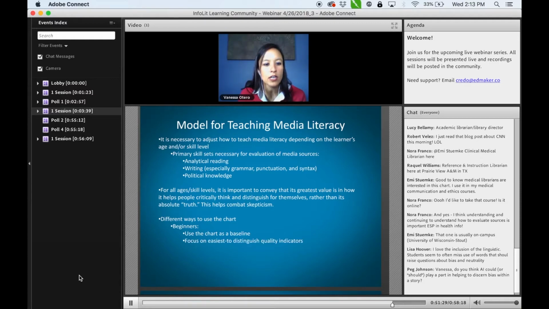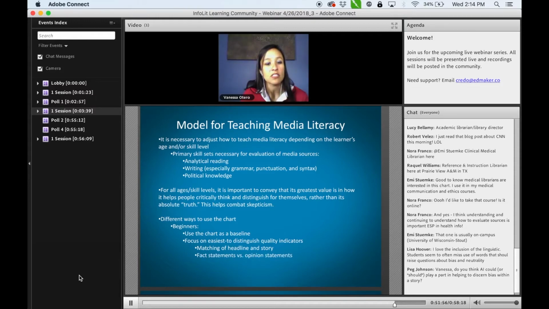So we'll use a chart as a baseline for those learners, and focus on the easiest to distinguish quality indicators. It's really hard to tell subtle bias in those top quality sources. It's much easier to tell certain quality indicators, like, for example, matching of the headline and the story. If they match, great. If they don't, that's a problem.